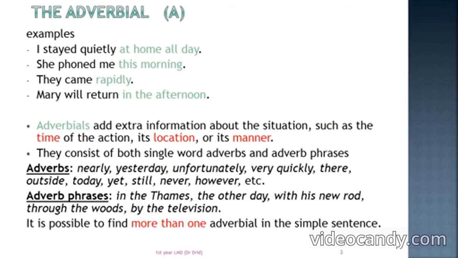Examples of adverbs are nearly, yesterday, unfortunately, very quickly, there, outside, today, yet, still, never, however, etc. Adverb phrases most of the time are prepositional phrases, like in the Times, the other day, with his new rod, through the woods, by the television. You notice that in a simple sentence, it is possible to find more than one adverbial in one sentence.